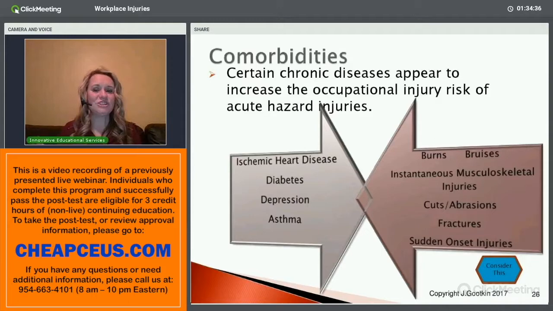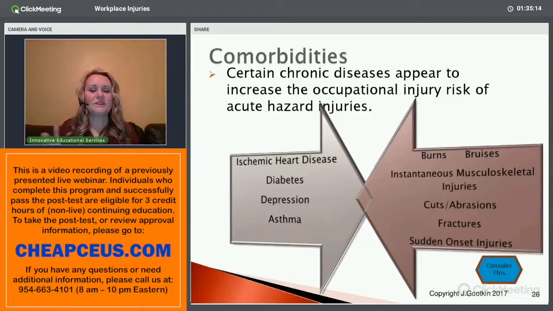The research is actually showing, in a very interesting study, where they looked at different comorbidities and tried to match up, well, which diagnoses lead to which type of injuries. They attempted to track this. And what they found is that individuals who had ischemic heart disease, diabetes, depression, and asthma, and we could see linkages through those, actually had greater incidence of burns, musculoskeletal injuries, cuts, abrasions, fractures, sudden onset type of injuries.